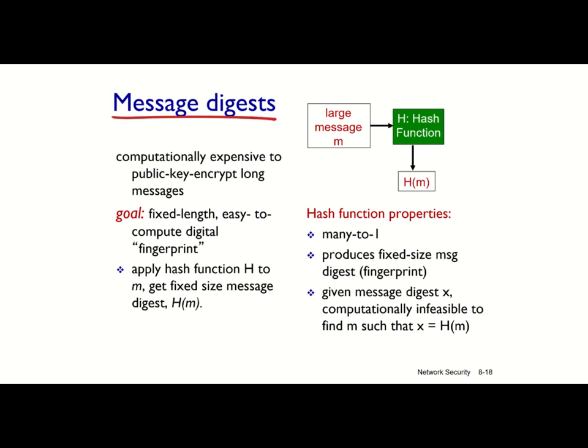Also, since the hash function is many to one, obviously it's impossible to find the inverse function of h. Therefore, if you have the message digest x, then it's computationally infeasible to find m such that x is equal to h of m.